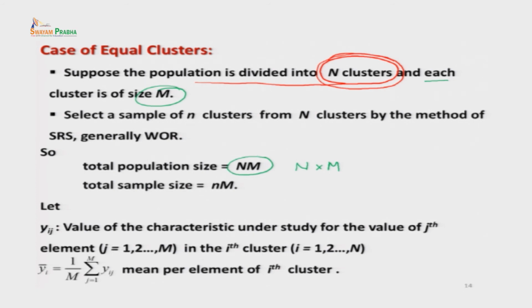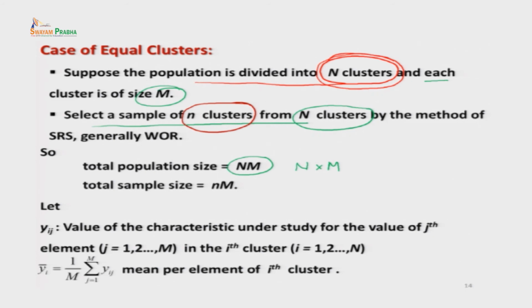Now we are going to select a sample of size small n clusters. So once again, you have to keep in mind this is small n clusters, and this small n number of clusters are drawn by, say, simple random sampling without replacement from these capital N clusters.